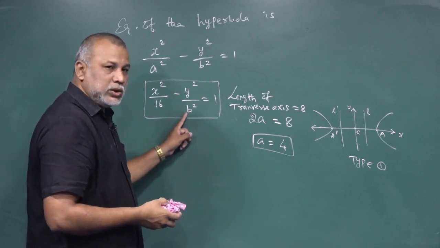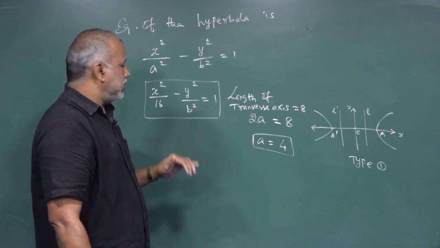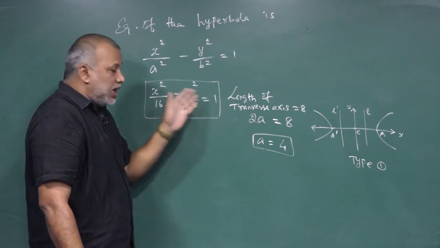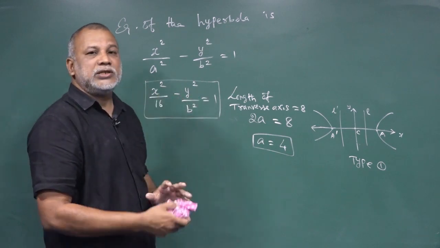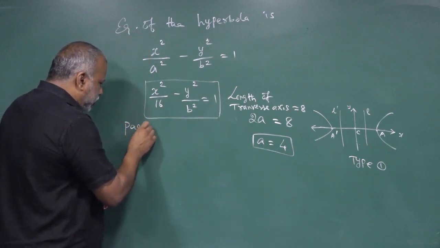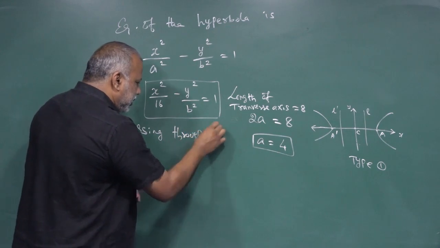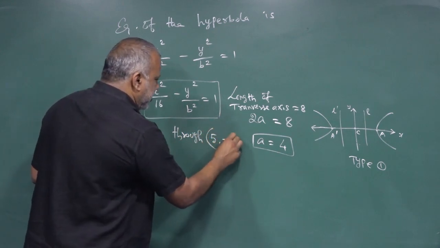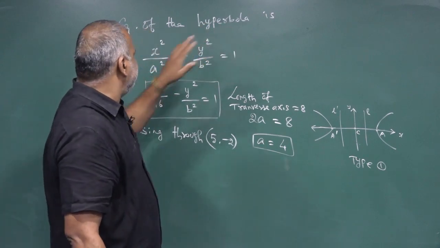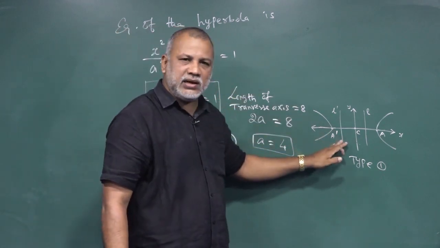Here we must know the value of b squared. We have to find. How is it possible to find? So x squared by 16 minus y squared by b squared equal to 1. This equation passing through a particular point, that is given in your question. So this equation passing through the given point 5 comma minus 2. So equation of the required hyperbola x squared by a squared minus y squared by b squared equal to 1. The reason is transverse axis along x-axis.